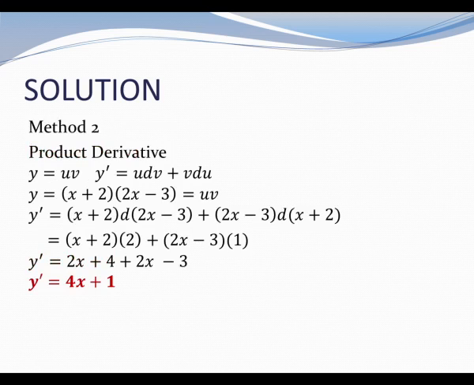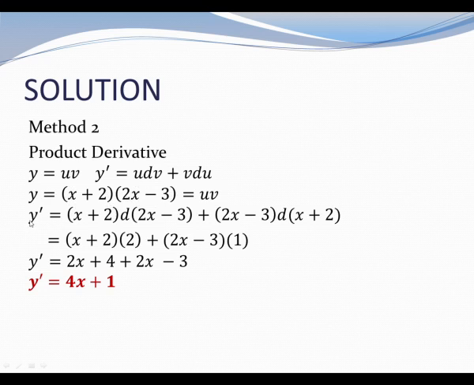And then since the product derivative has a formula that, for the function y equal to uv, the derivative of the function y, as y prime, will be u times the derivative of v plus v times the derivative of u.